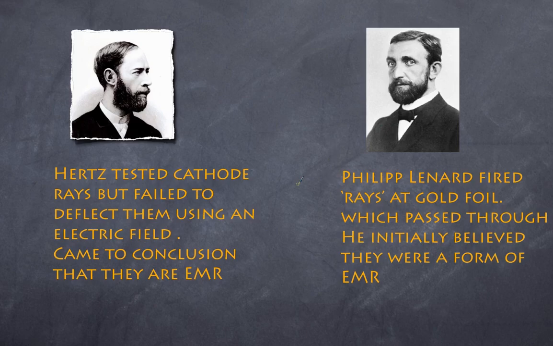So here you can see there is a little bit of discussion in Europe as to the nature of cathode rays. Were they particles, as Crookes believed, or were they forms of electromagnetic radiation, which Hertz and Lenard suggested? So none of this was conclusively decided upon until 1897.